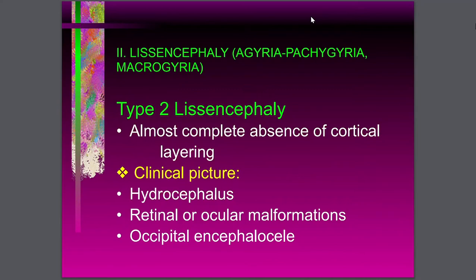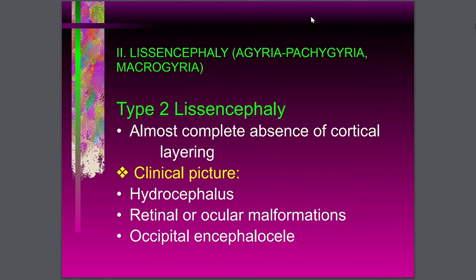So ang type 2 lissencephaly, there is almost complete absence of the cortical layering. So ang type 1 lissencephaly, there are 4 cortical layers, while in type 2 lissencephaly, there is almost no cortical layering, no? So ang brain is wala na gid mga sulsay, wala na gyrus, daw isa na siya katipulon, no?